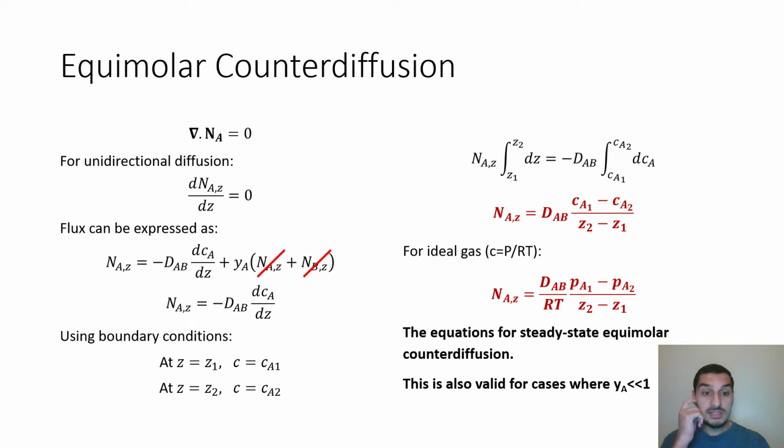Again, the shape of the equation is different because this part of the equation is 0. This can be due to the equimolar counter diffusion, where NA equals negative NB, or when yA is very, very small. And this is something we will visit at the end of this video, but I just want you to keep this in mind. If yA is very, very small, then this term is going to be 0, and we will reach the same flux at the end.